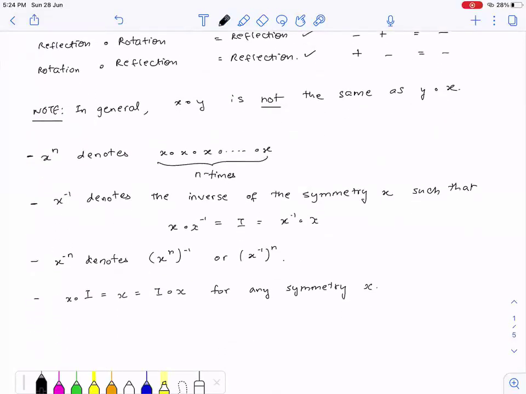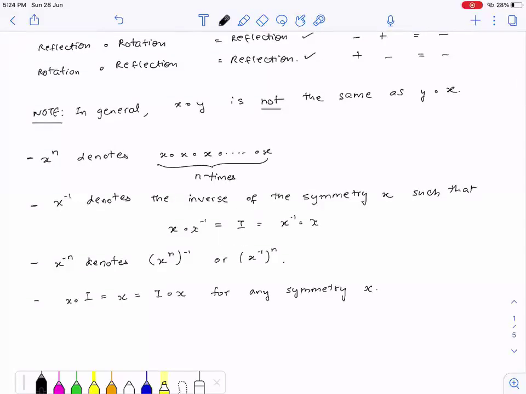Then you would see something like X to the n, which denotes the composition of X with itself n times. So you keep applying the symmetry transformation X to the figure n times. X inverse, or X to the -1, denotes the inverse of the symmetry X, which is just another transformation that, composed with X, would give you the identity transformation.